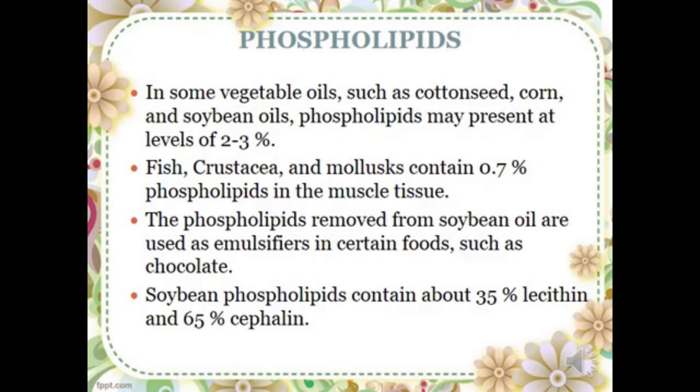high phospholipid are obtained from soybean oil, and they are used as emulsifier in certain foods, for example chocolate, which enable mixing of immiscible oil and water component, so it acts as emulsifier.